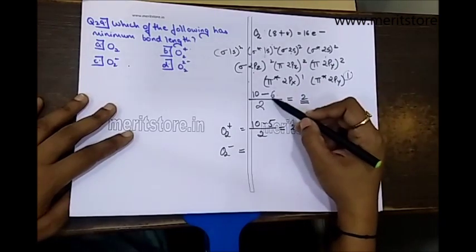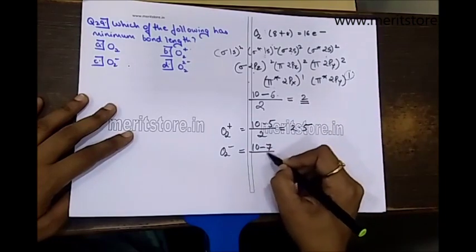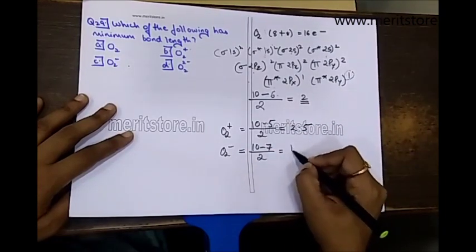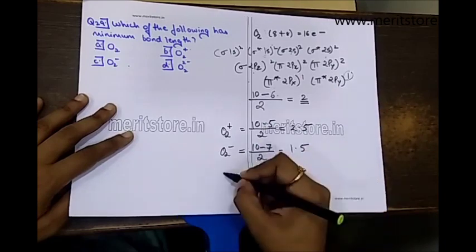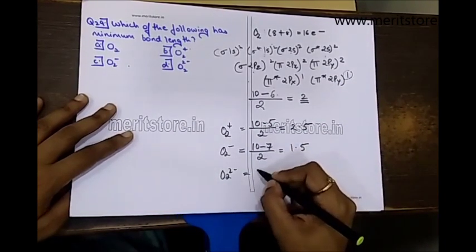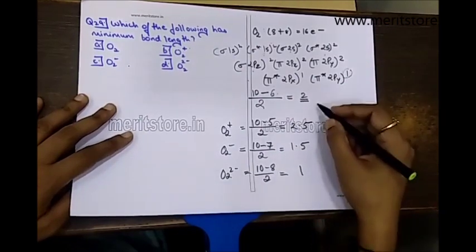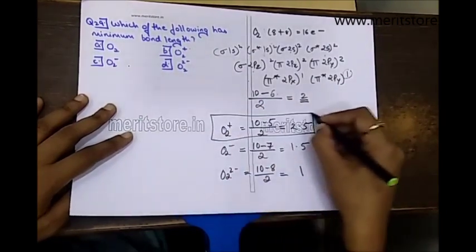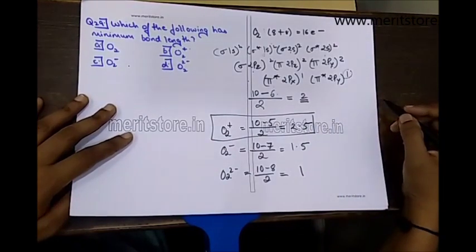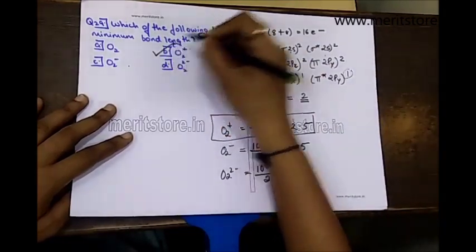So now antibonding electrons will be 7. So it's 10 minus 7 divided by 2, so 3 divided by 2, that will equal 1.5. And finally, for O2 2 minus, we have to add one more antibonding electron. So 10 minus 8 divided by 2, that will be 1. So the highest bond order we can see is 2.5, that is O2 plus. Higher the bond order, shorter the bond length. Hence, our option is B.